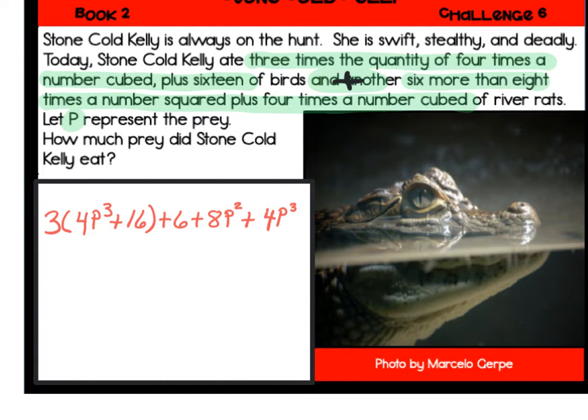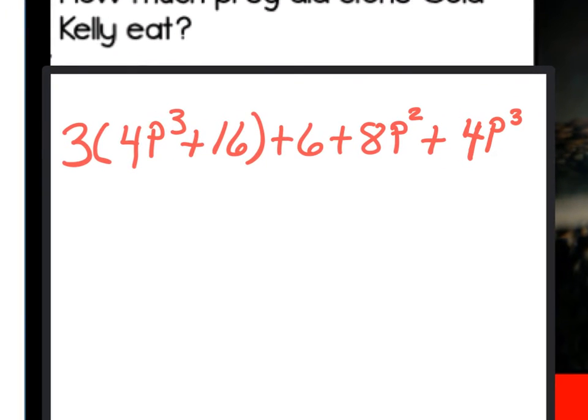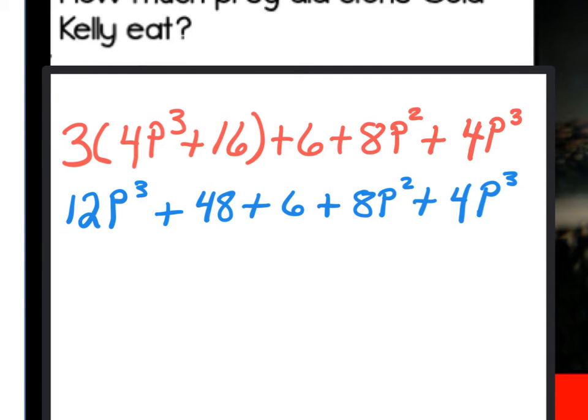The next thing we need to do is to begin to simplify this by using the distributive property and distributing this 3 across the 4p to the 3rd power and then across to the 16. I'm going to enlarge this so I have a little bit more room. I took 3 times 4 gives you 12, so 12p to the 3rd power.